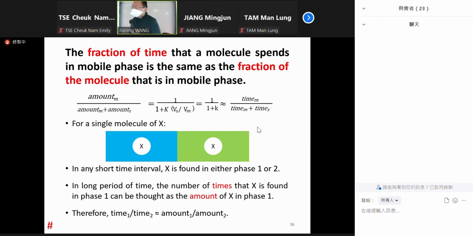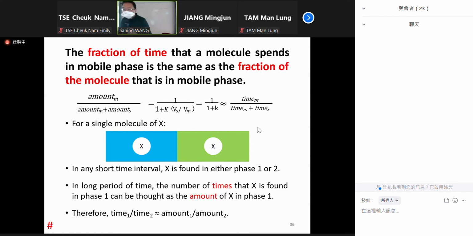But we know that because X has a certain property, it should have a different possibility when it exists in phase 1 or in phase 2.